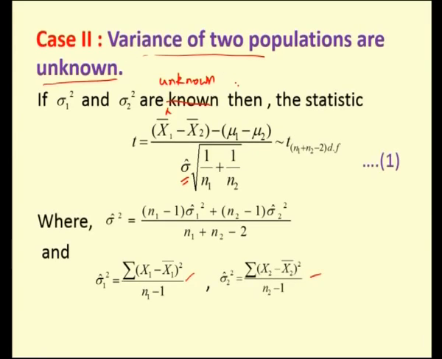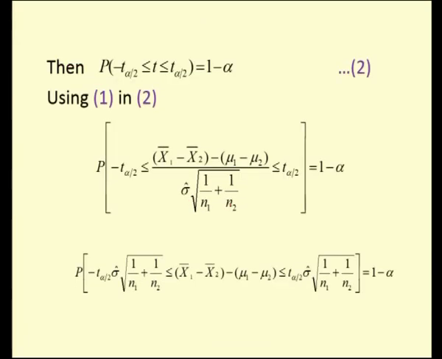So here, substitute the value of t in this particular equation. If you substitute, it becomes probability of minus t alpha by 2 less than or equal to x1 bar minus x2 bar minus of mu1 minus mu2 divided by sigma cap into square root of 1 by n1 plus 1 by n2 less than or equal to t alpha by 2, which is equal to 1 minus alpha.